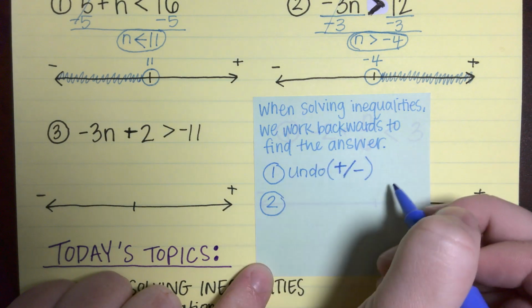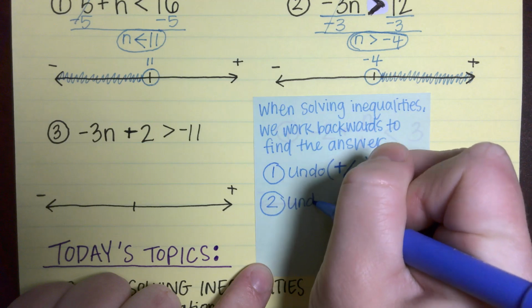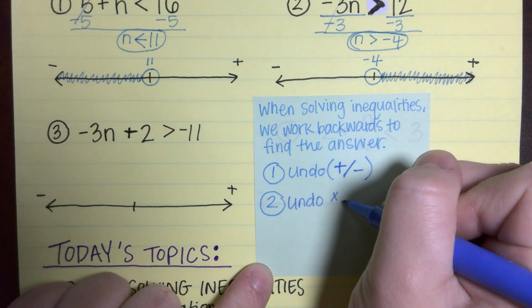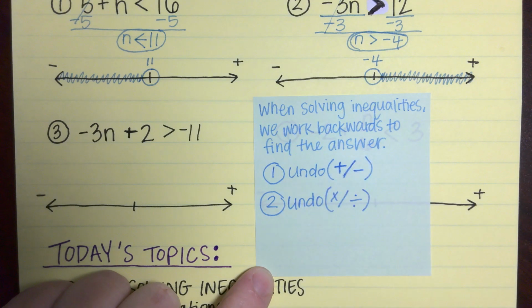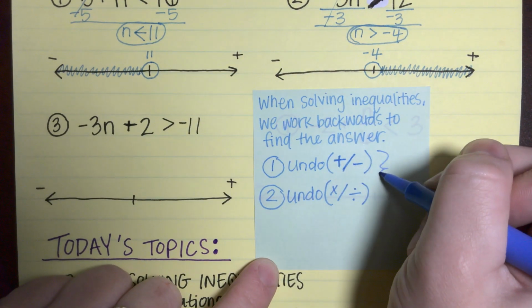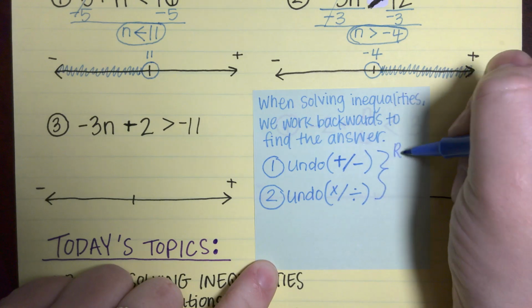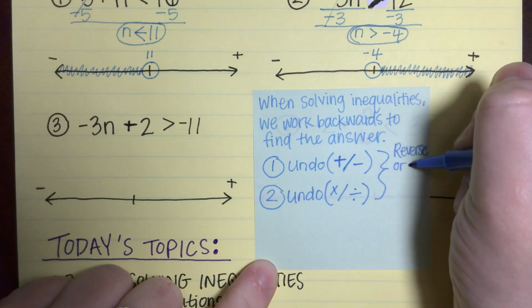Then, after we've gotten rid of any addition and subtraction, we undo our multiplication and our division. So this is the order. I'm going to write reverse order of operations.